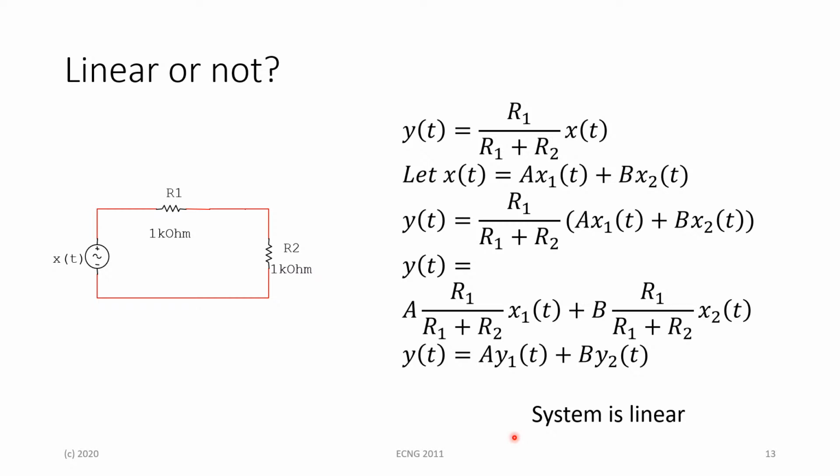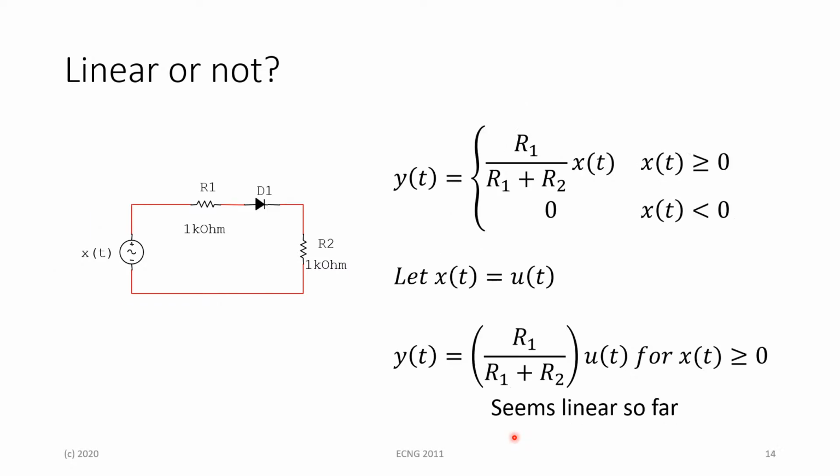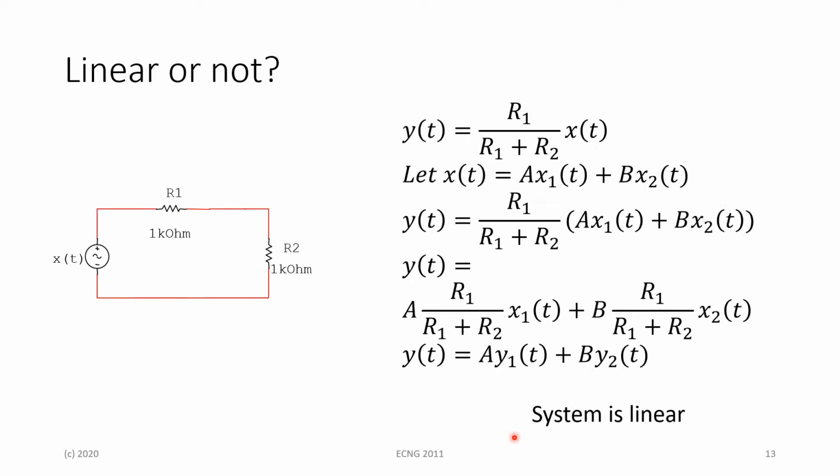If your power is 0, in that case, you just get a value of 1. So yeah, it's just linear. So yes, for a purely resistive system, your system is basically going to be linear.